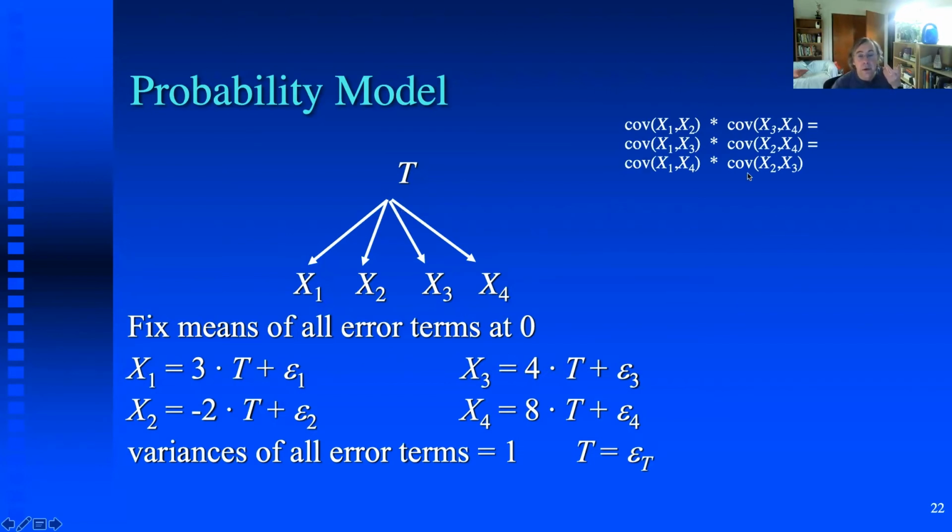But if I looked and saw that this constraint held, and I made assumptions that it didn't hold by coincidence, that it held because of the structure of the graph, then I would actually be able to conclude that there was quite a small set of graphs which were compatible with this constraint. And if I said that, as a matter of fact, none of the x's caused a latent variable, it would pick out this graph uniquely.